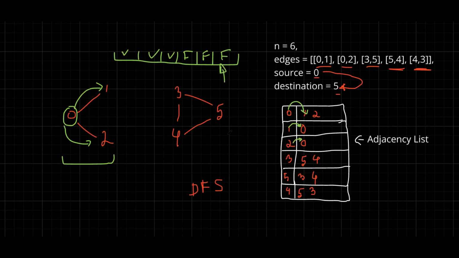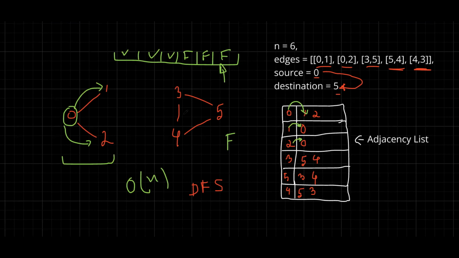In this case, we have to return false. Otherwise, if by using the DFS we can reach the destination, we have to simply return true. And the overall time complexity of this algorithm is big O of n, where n is the number of nodes present in the graph. I hope you understood the algorithm.